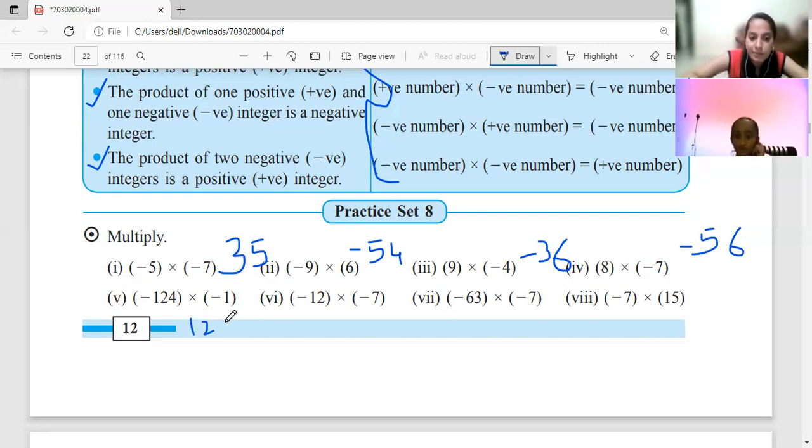Can you help me with the next answer? Plus 84, or you can even write it as 84. Very good. Next one. Plus 441. Okay, you have done this multiplication before, right? Yes. Okay. Next, 15 into 7 is?